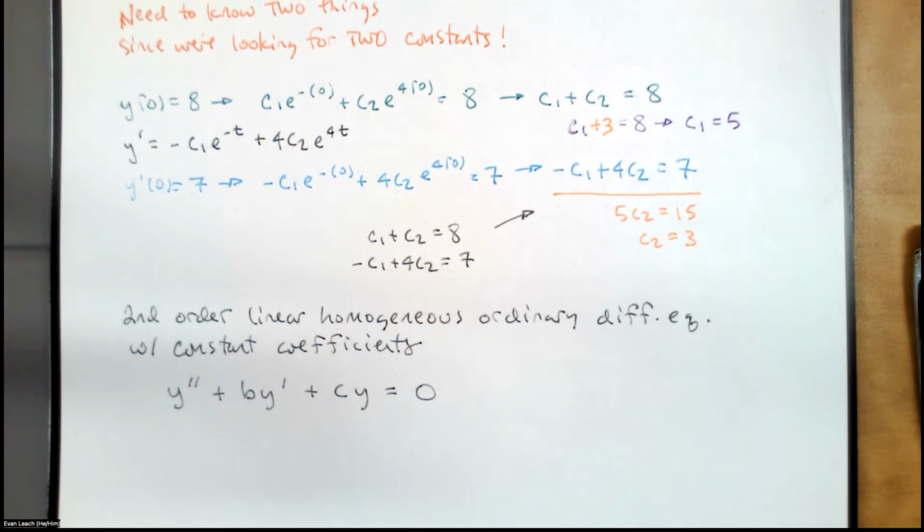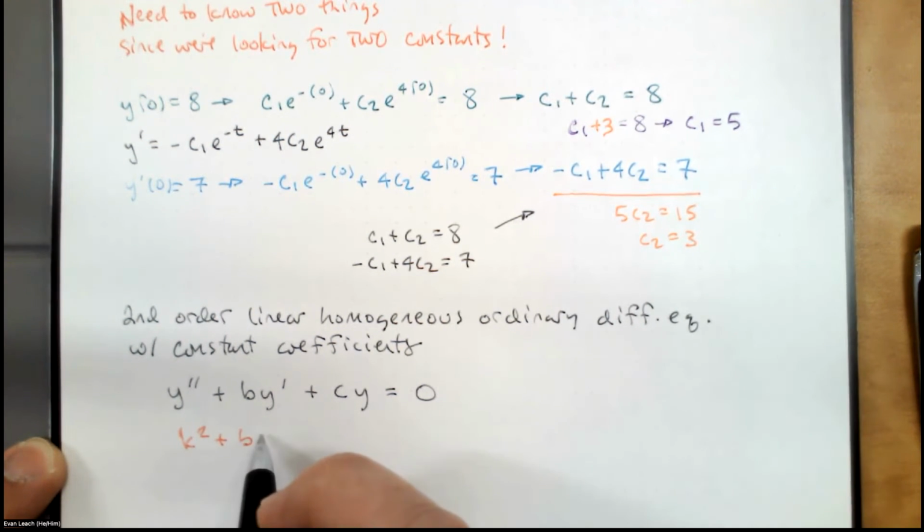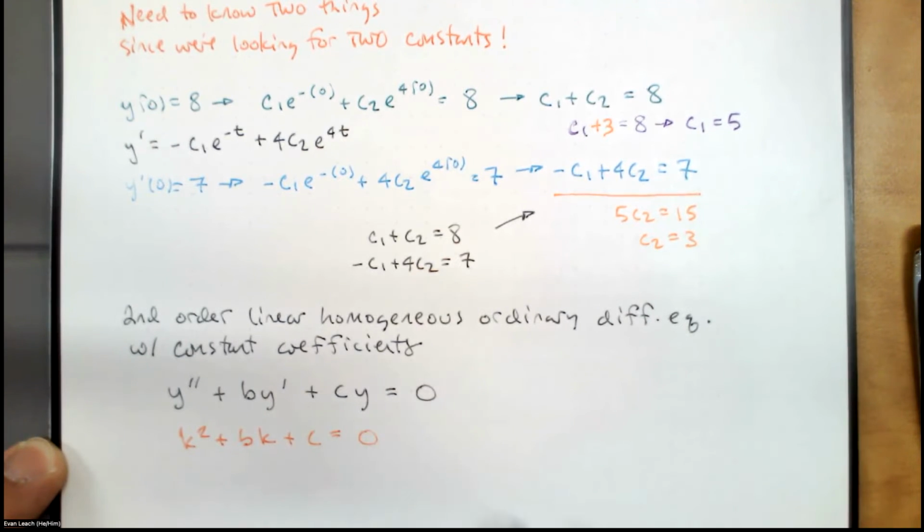What we have to take out of this is a quadratic, well, since it's second order, I can say quadratic. We get a quadratic to be the characteristic polynomial. So we get a polynomial equation for the characteristic equation.